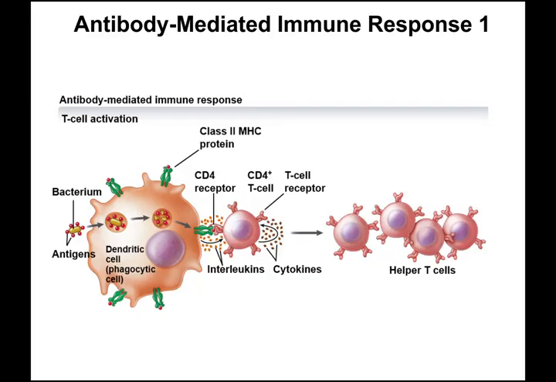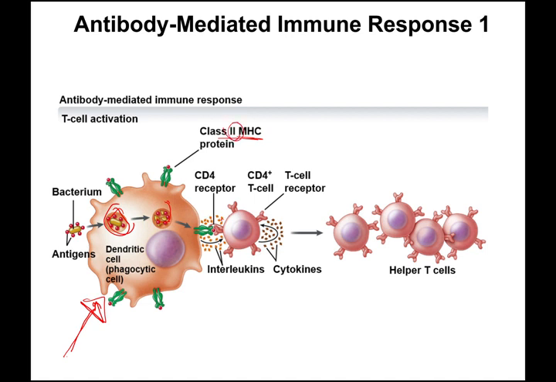So this is summarizing what I just said. You have the antigen presenting cell, a dendritic cell, that has engulfed the bacteria, for example, or the virus, and now is presenting parts of this bacteria with the major histocompatibility complex 2 to the T cells.